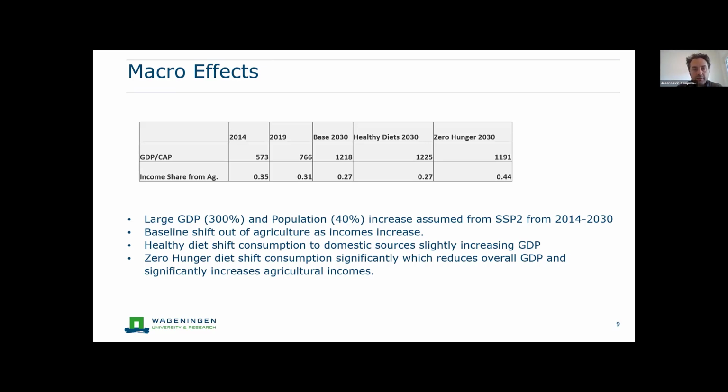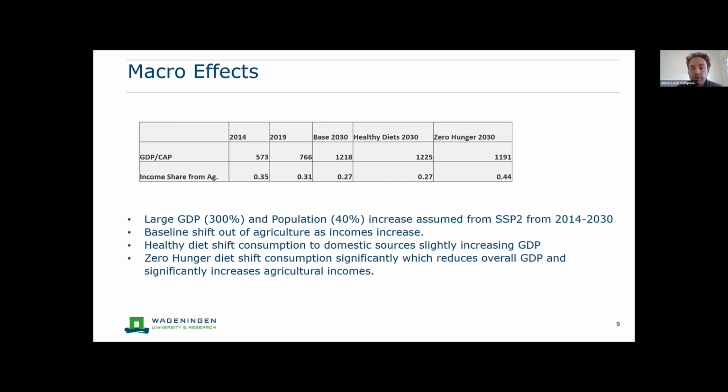But the increased demand on domestic products isn't significant enough to really put pressure on the agricultural resources.